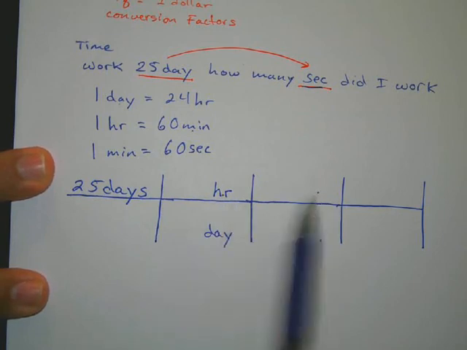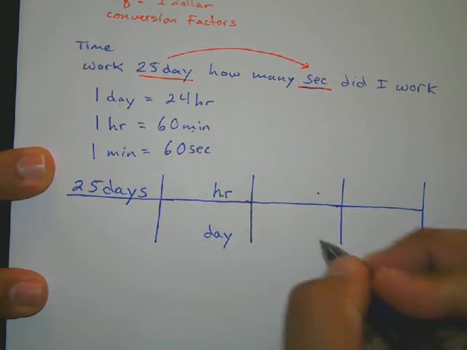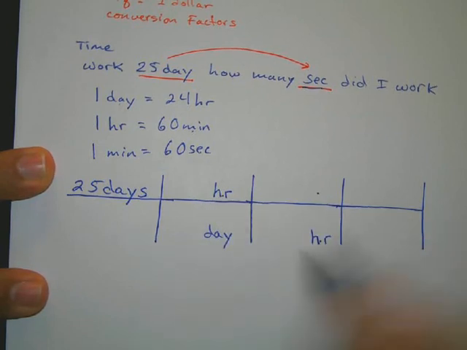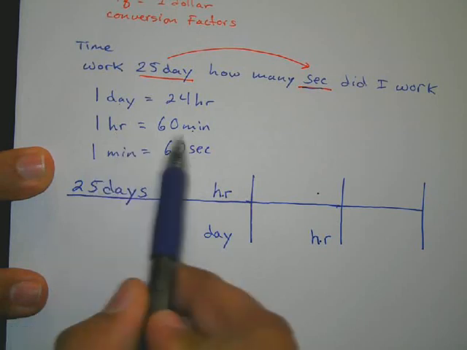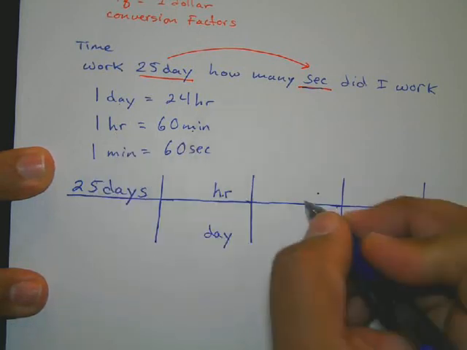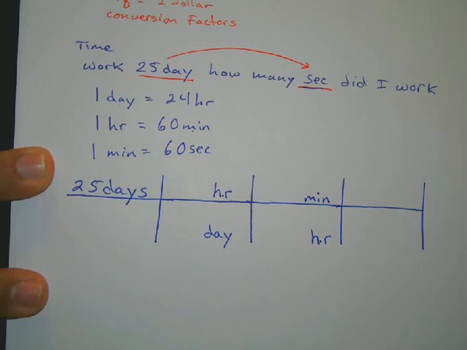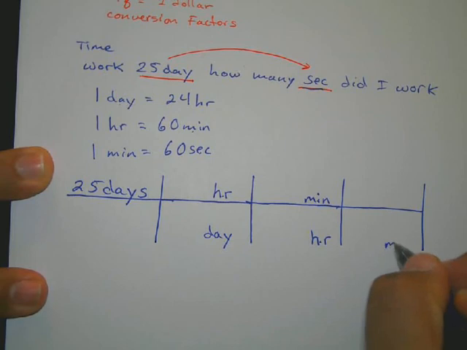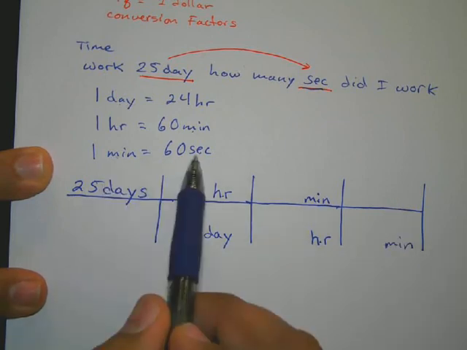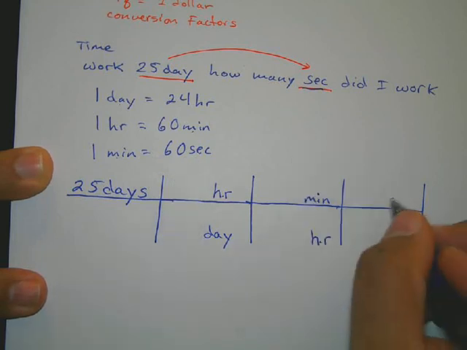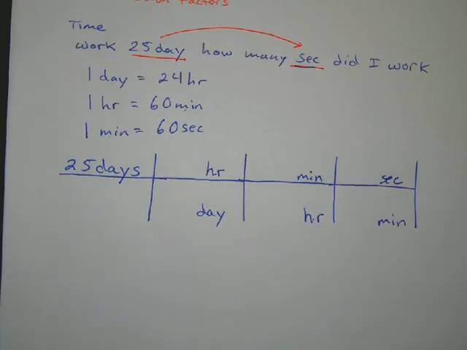So hours go right here, and now that we're in hours, we can go to minutes. Now we've got one last step. Whatever's up here goes down there, so minutes go down here, and where I want to go goes up top. From minutes, I want to go to seconds.